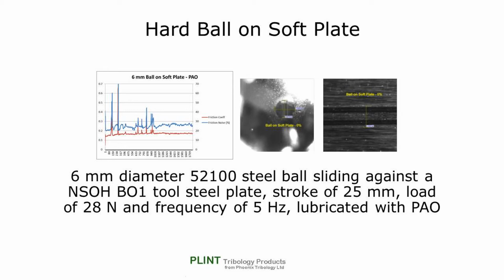With the PAO on its own, we have a wear scar with much the same appearance as the wear scar generated with the low lubricity reference fluid in the ISO diesel fuel lubricity test. In other words, junction growth and seizure. Unsurprisingly, we have friction and friction noise spikes.